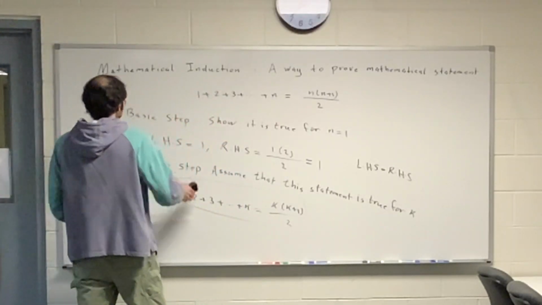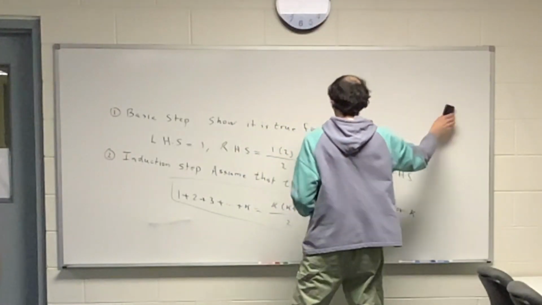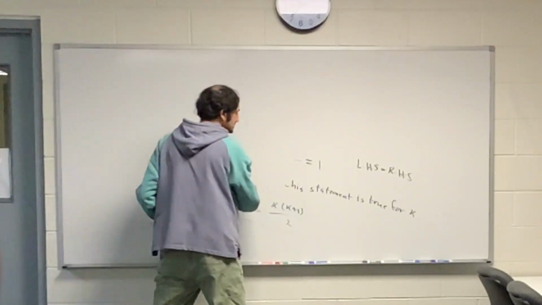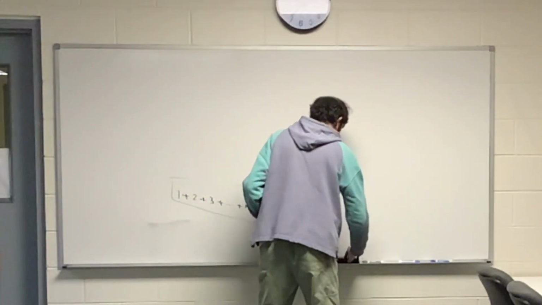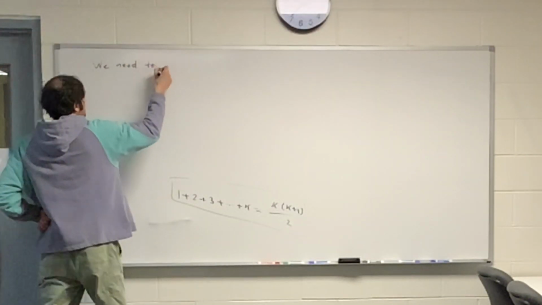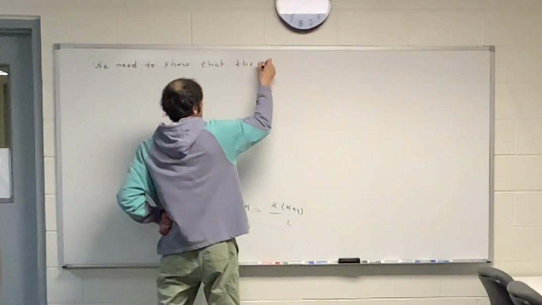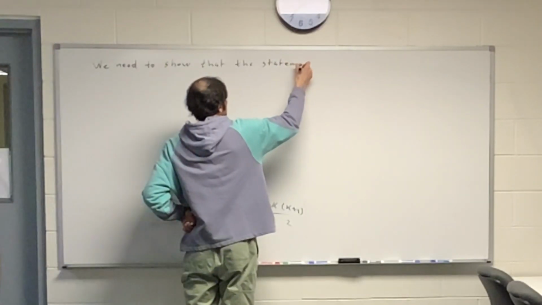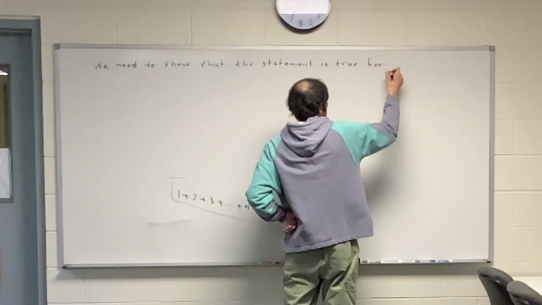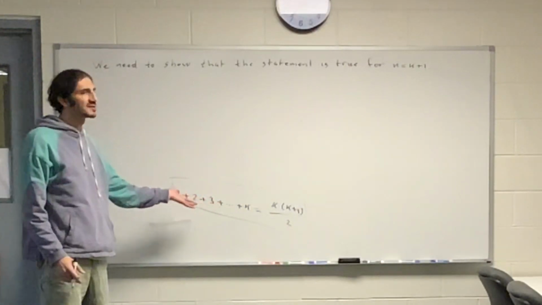So we're going to need some space above. Let's take a look at how mathematical induction is working here. We need to show that the statement is true for the value n equals k plus 1, assuming that this statement down there is correct.